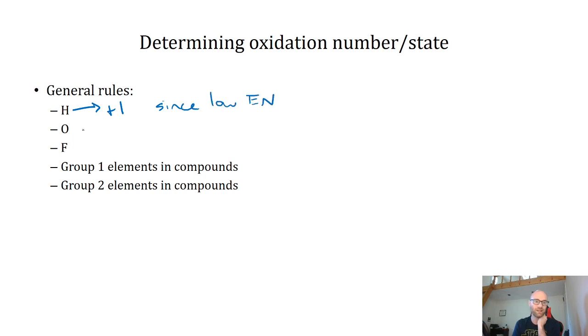Is it always that? Well, we'll get to that in a second. Oxygen has a really high electronegativity, so it's almost always going to pull those electrons in. And then the only element that has a higher electronegativity is fluorine, which would have a -1 because it only makes one bond because it has 7 valence electrons.